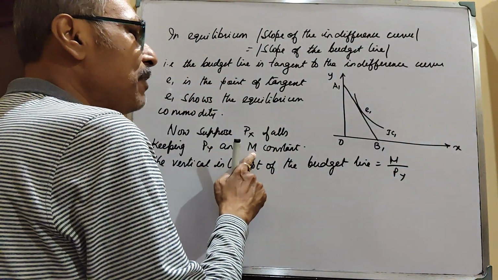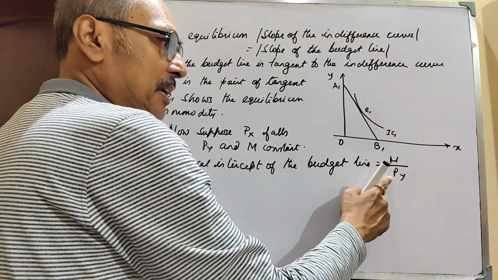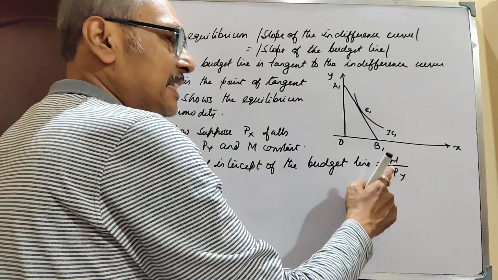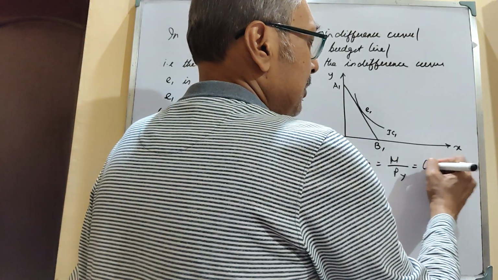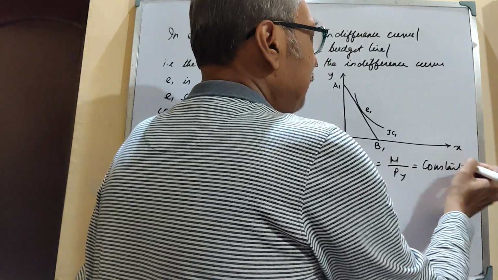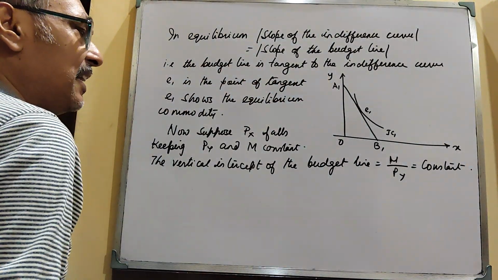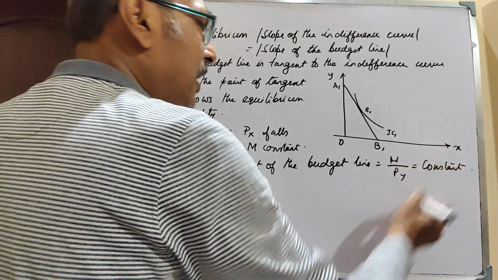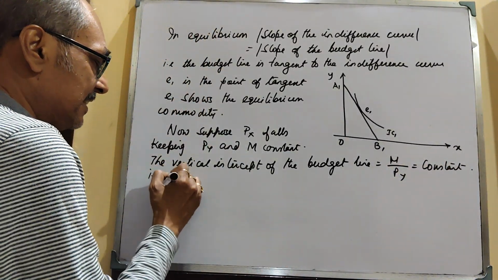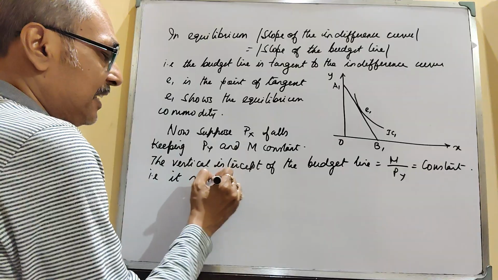Since M and Py are constant, the ratio is constant. That means the vertical intercept remains unchanged.